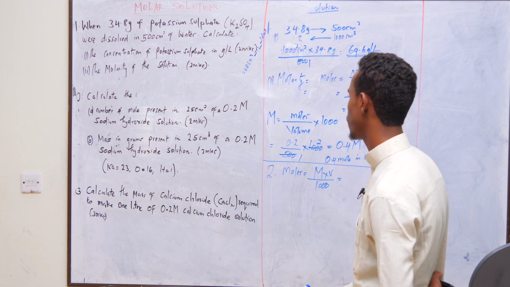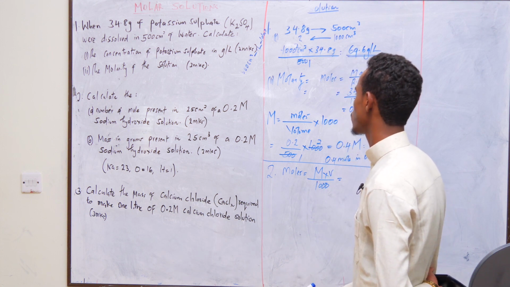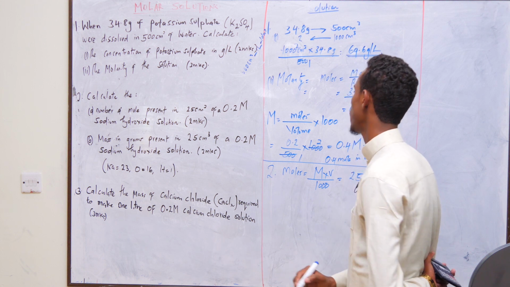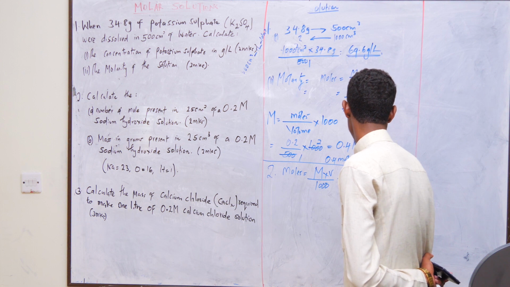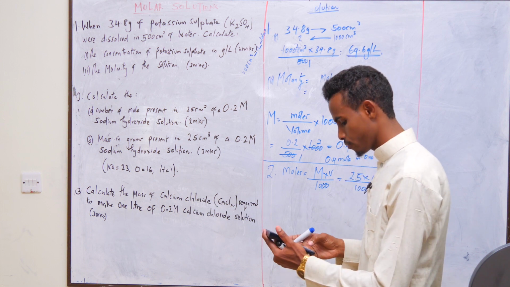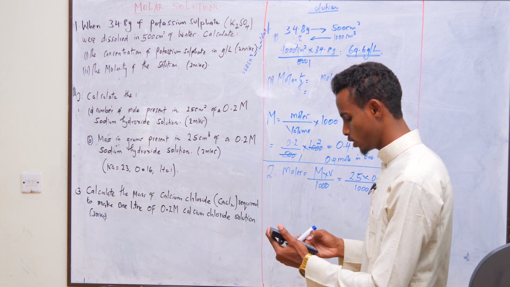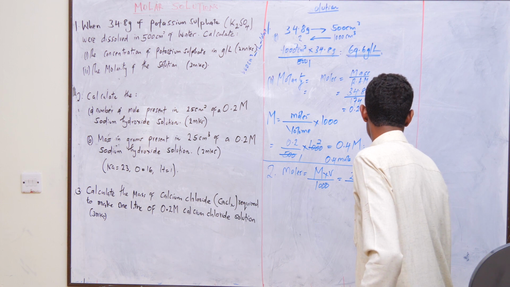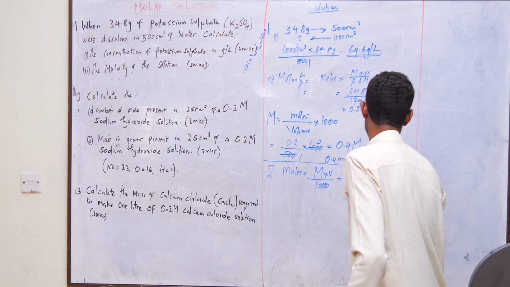What's our moles here? We have molarity 0.2, volume 25, over 1,000. Now it will be 25 times 0.2 divided by 1,000, which will be 0.005 moles.